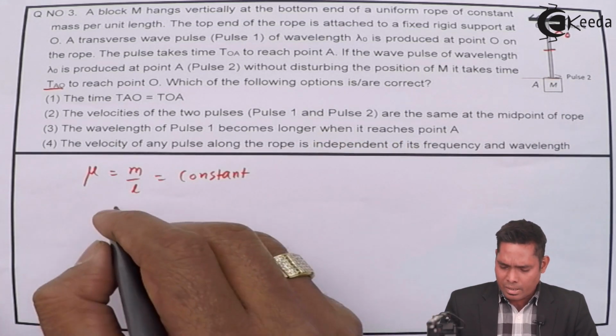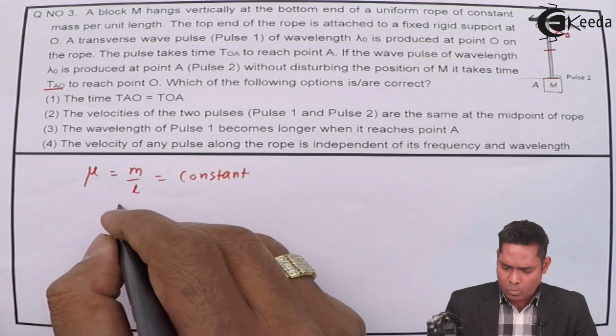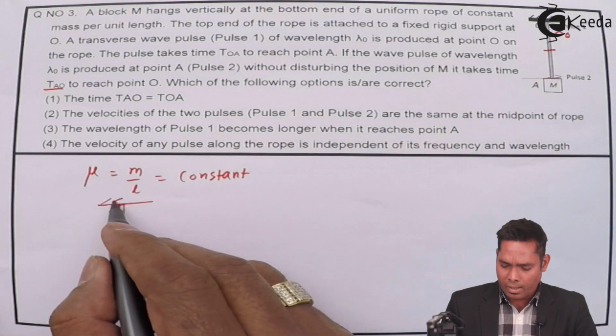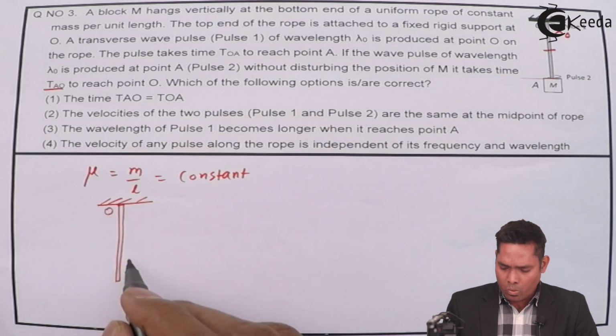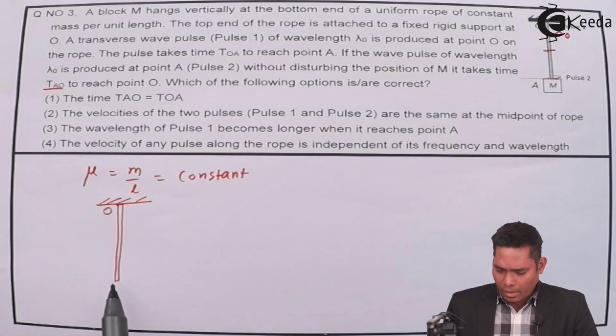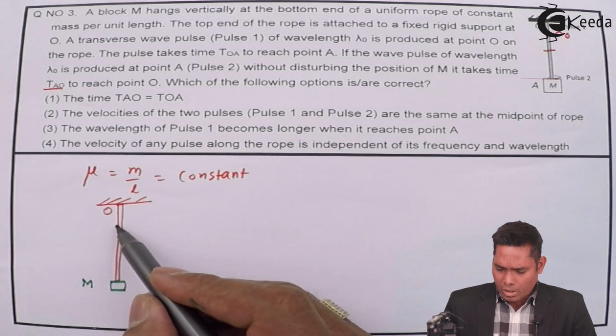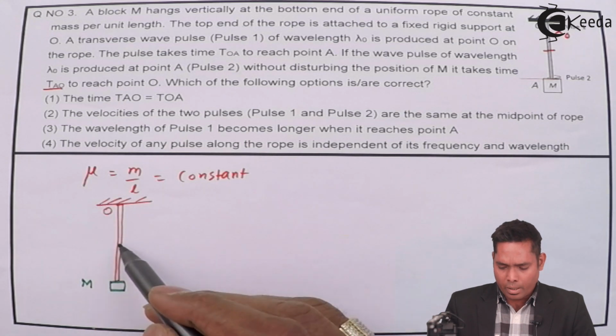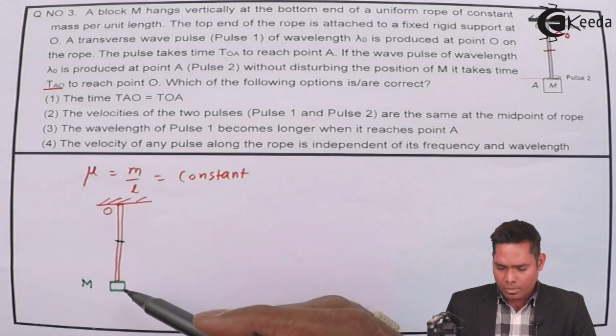So I'll write that if I have a rope like this, which is uniform, fixed at this end, this point is O, and a mass M is attached here. This rope has linear density mu, and this is the midpoint.